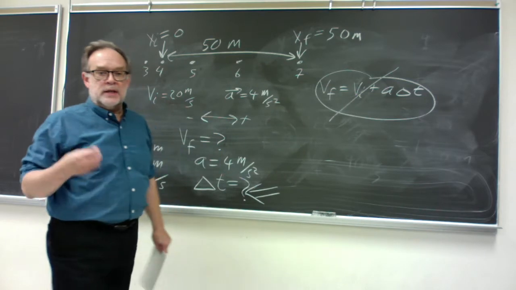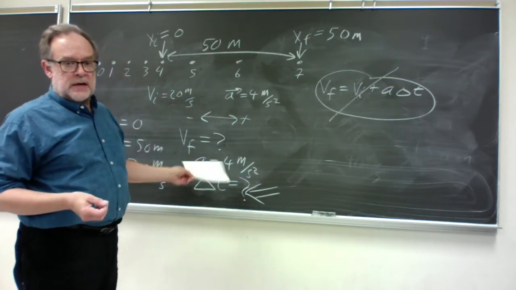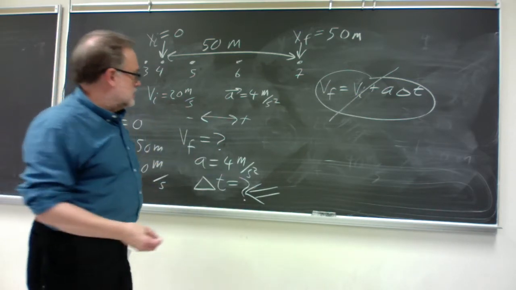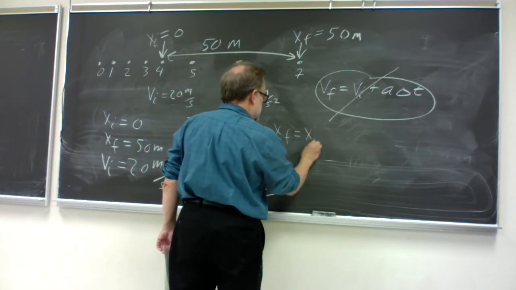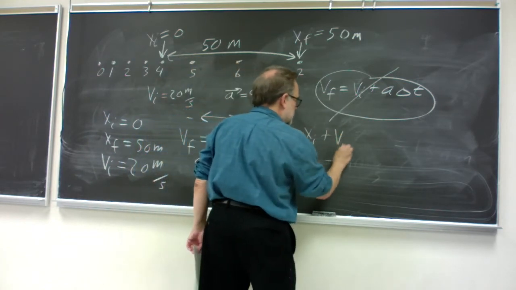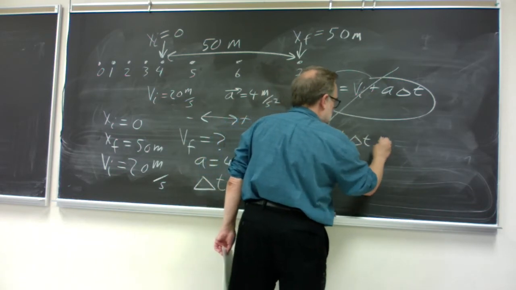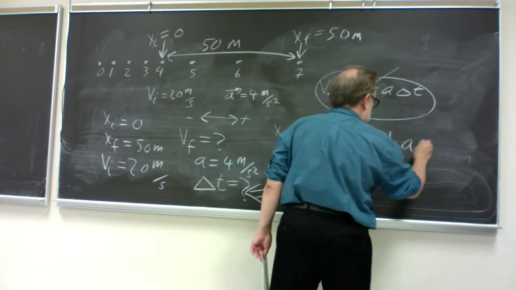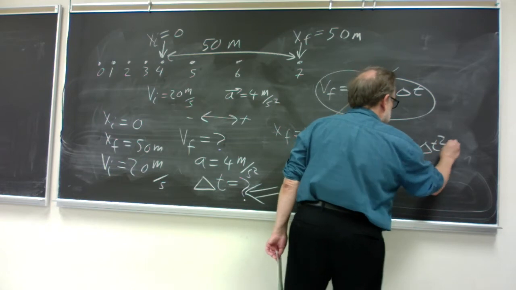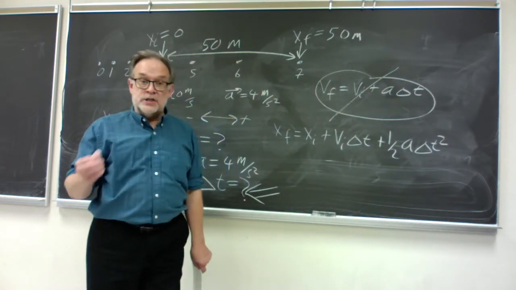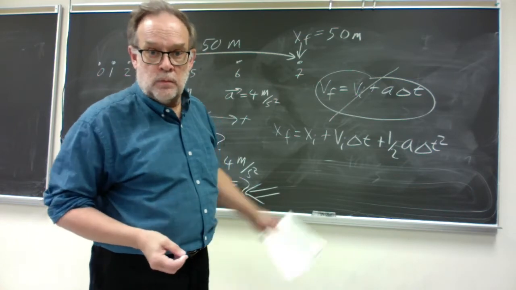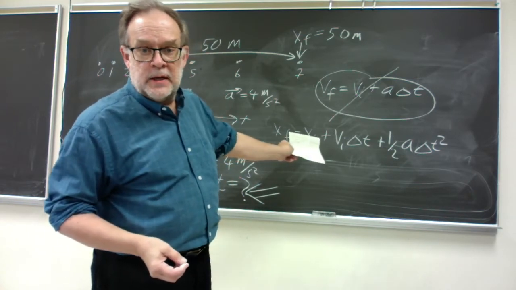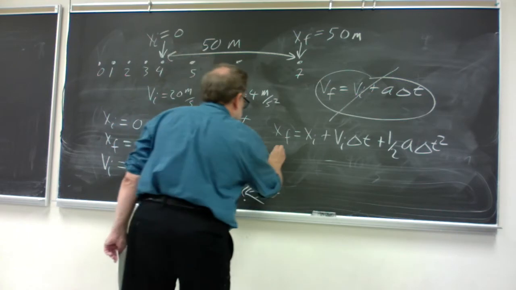The one equation that is helpful, that does have delta t in it, is this equation: final location equals initial location plus initial velocity times delta t plus 1/2 acceleration delta t squared. Delta t is the only unknown in that equation, so let's put in all the other numbers that we do know. x final is 50, x initial is 0.